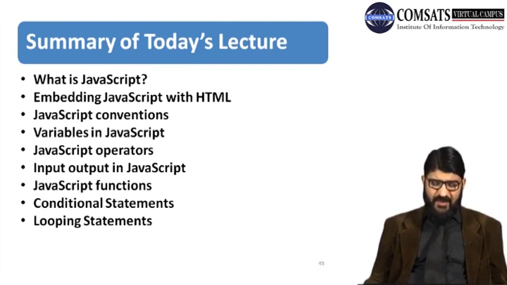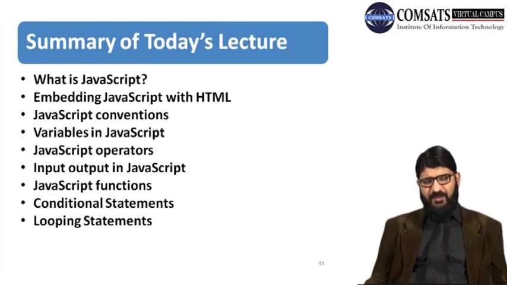Then we saw JavaScript operators, including arithmetic and comparison operators. And then we saw different input and output functions for JavaScript. The most common input function is prompt and the output function is document.write. We also saw other functions like the math function and square root function.